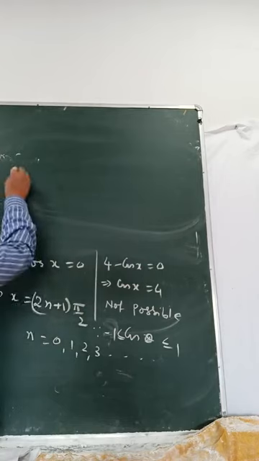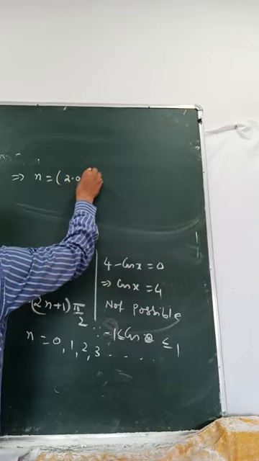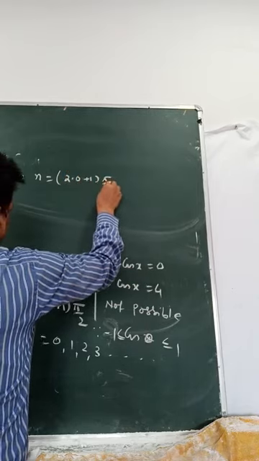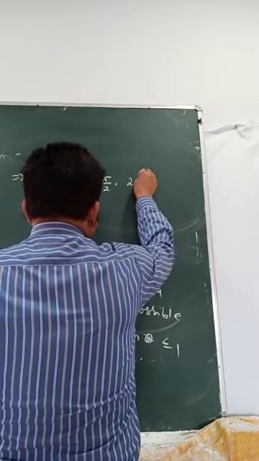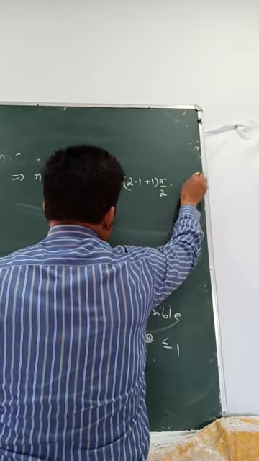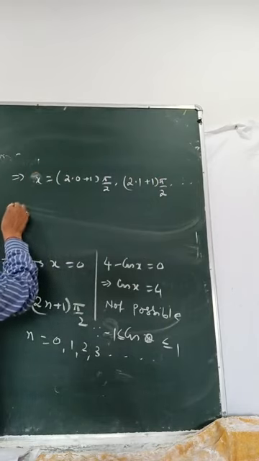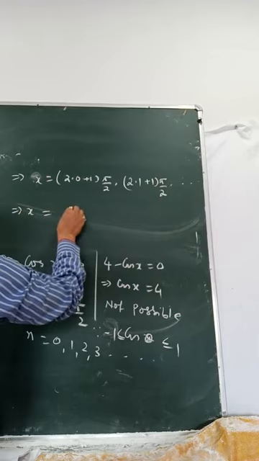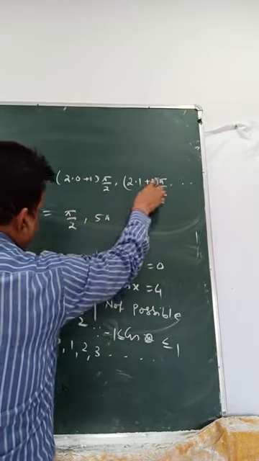Implies n equals 0 gives 2 into 0 plus 1 pi by 2, n equals 1 gives 2 into 1 plus 1 pi by 2, and so on. So x equals pi by 2, 3 pi by 2.